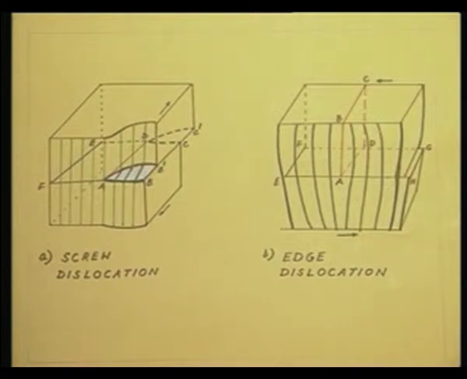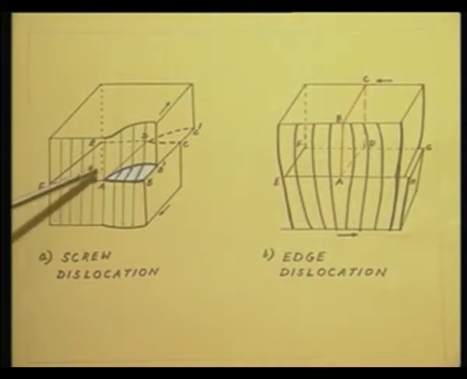Think of this plane A, B, C, D. Imagine that the crystal is cut along this plane, and then you are subjecting it to shear stress on both sides of this plane, top and bottom. You are trying to force the top half like this and the bottom half like this.